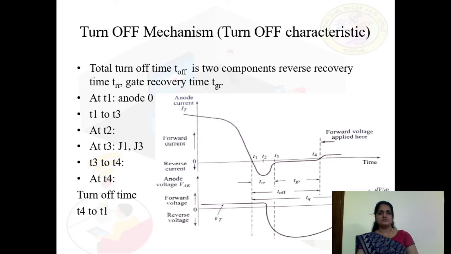This slide gives the information about the turn off mechanism, or the turn off characteristics, of the SCR. The turn off time is the minimum time interval between the instant at which the anode current becomes zero and the instant at which the device is capable of blocking the forward voltage.